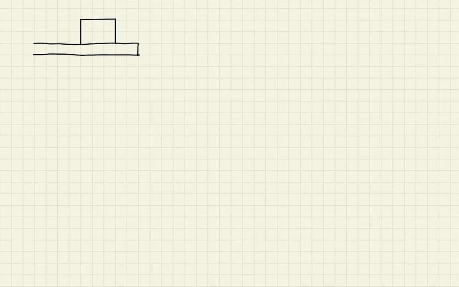So the mass of block B is 30 kilograms. And then there is a pulley attached to the end of the table. And then this block B is connected to a string that passes over the pulley. And then at the other end of the pulley, we have another block that is hanging.